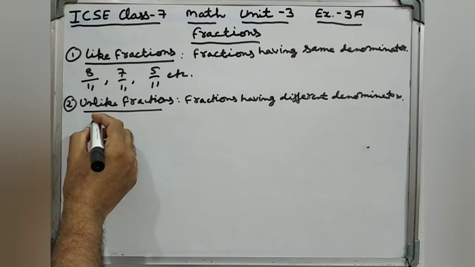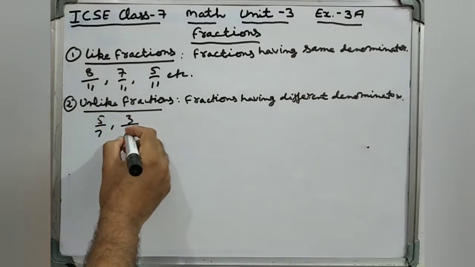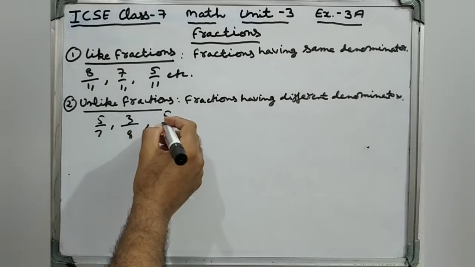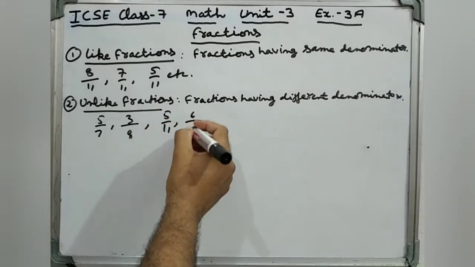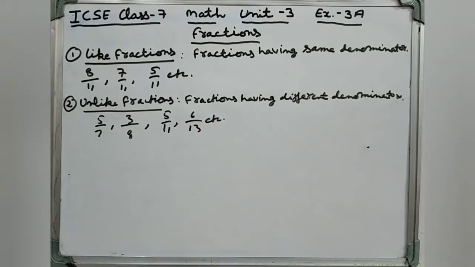They could be anything like 5 by 7, 3 by 8, 5 by 11, 6 by 13, etc. Right? They are unlike fractions.